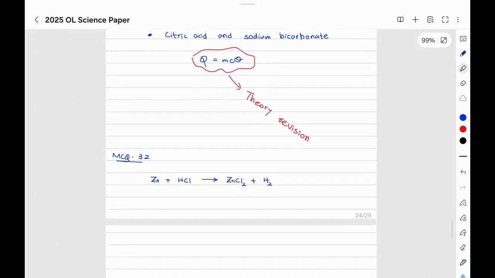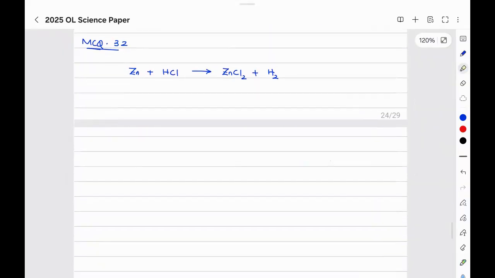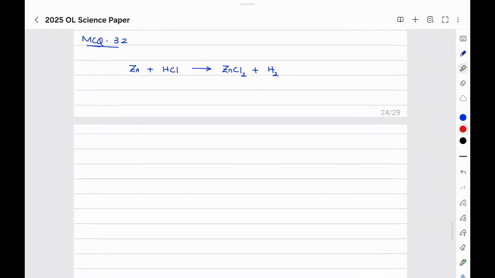Look at this. First of all, I have to balance the reaction. Then they have given the mass of zinc. It is 32 grams, right? Then can you remember we had an equation like simple n equals simple m over capital M in calculations, right?